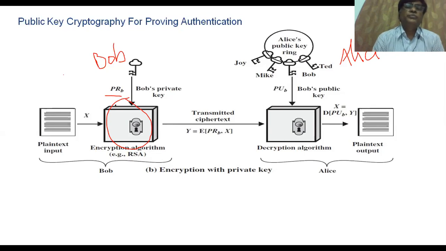Now, that private key information is known only to Bob. Suppose Bob is the sender, and at the time of sending the plain text to Alice, Bob encrypts his message using his private key.